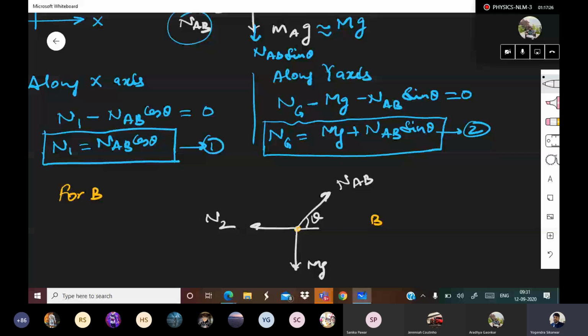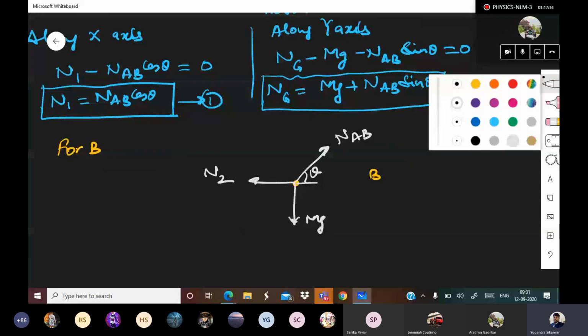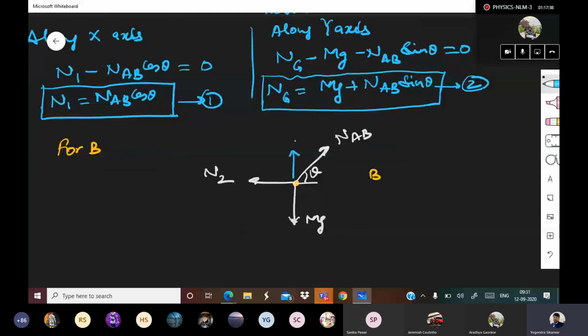So if I resolve NAB into two components, one component will be NAB sine theta, and one component will be NAB cos theta. After that you can forget NAB.